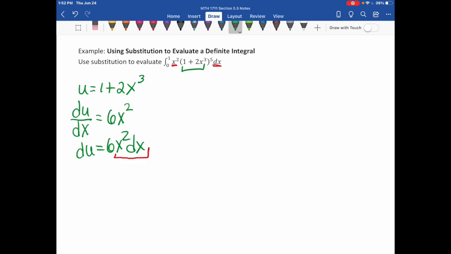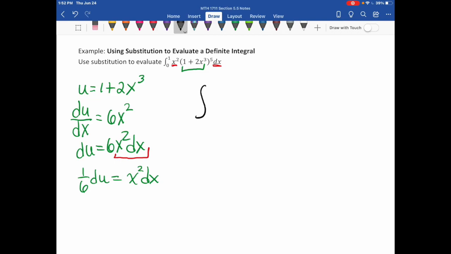So I need to isolate the x squared dx to see what I need to substitute that with. So I'm going to divide both sides by 6. And I get 1/6 du is equal to x squared dx. So now I see what I can substitute x squared dx with. I'm not going to do anything with the limits yet.